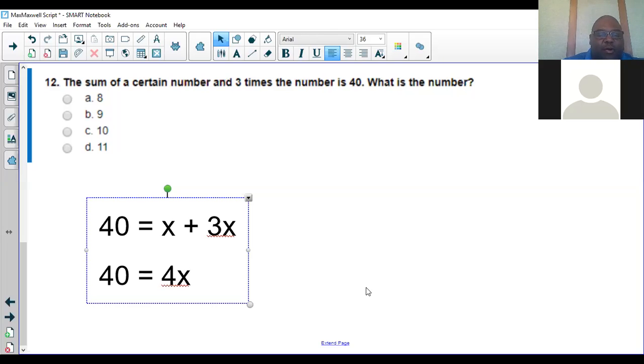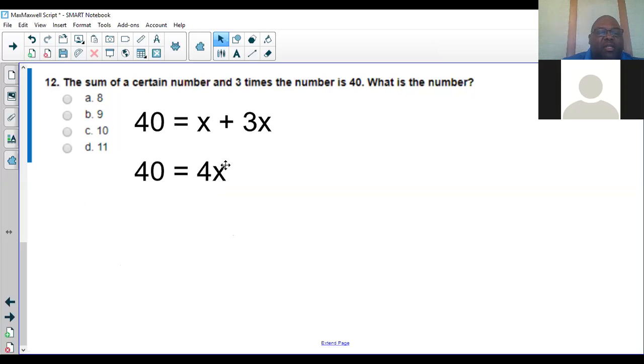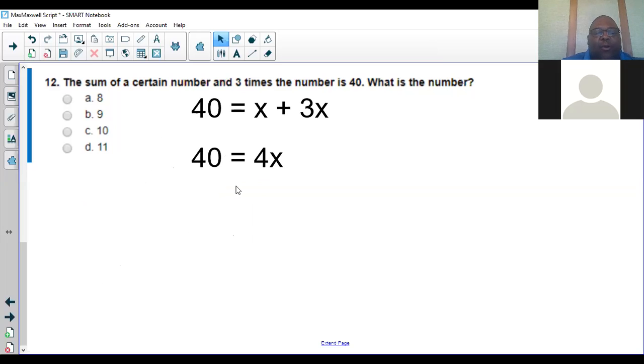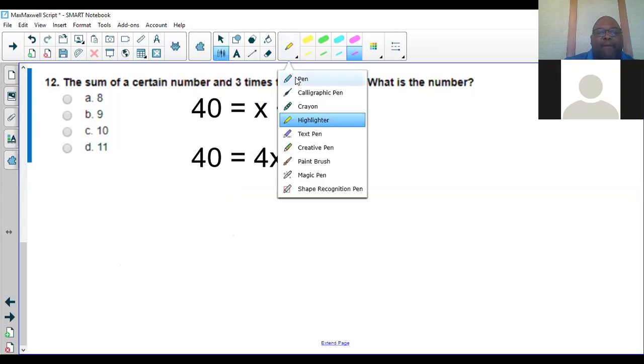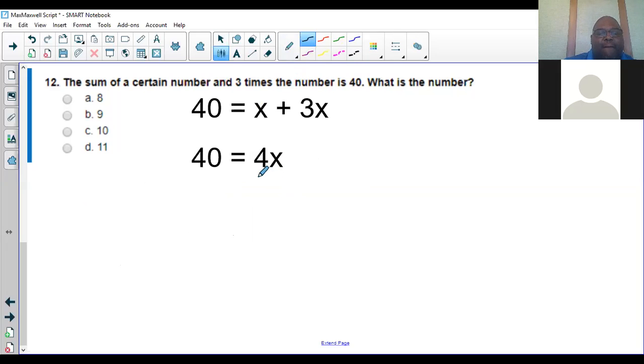So if I know that in order to find x by itself, I have to divide both sides by the number in front of the x. So what does that look like? So I'm taking the number in front of x, which is 4, and dividing both sides by that number. Okay. So I'm dividing by 4. Okay. And I'm dividing by 4.